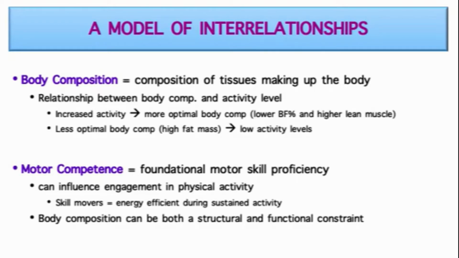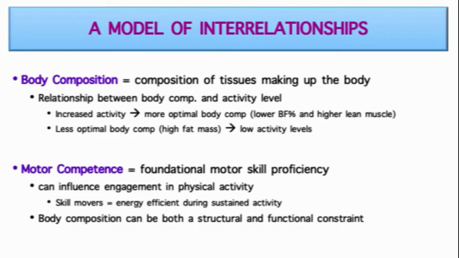Which usually we see as a lower body fat percentage and a higher lean muscle mass. Conversely, if people have less optimal body composition, so a higher fat mass, those people are usually going to tend to engage in lower levels of activity. So we can see how body composition affects activity levels, right?